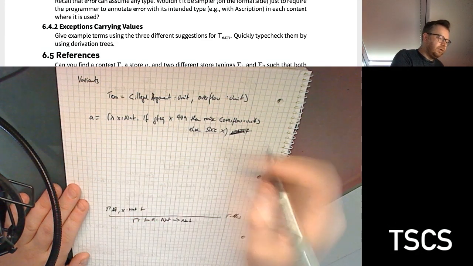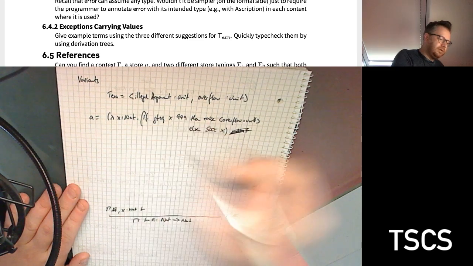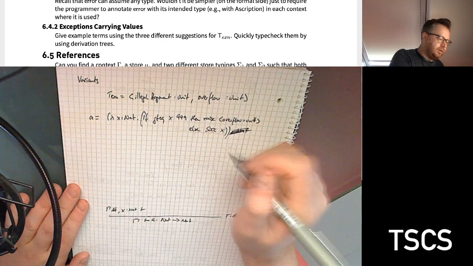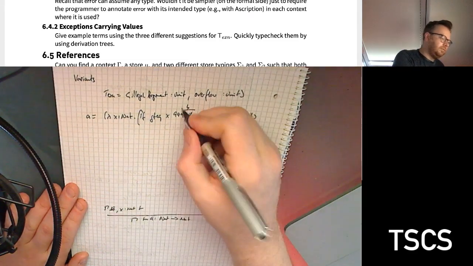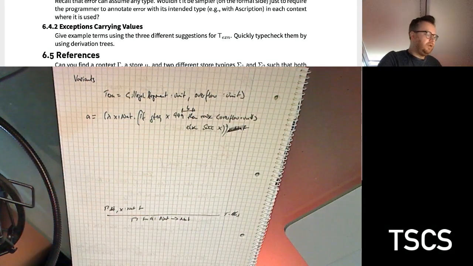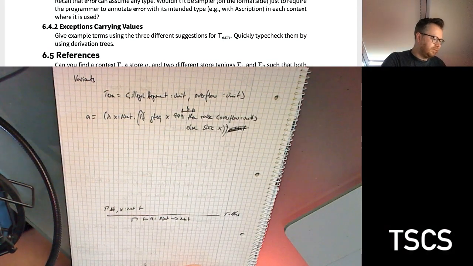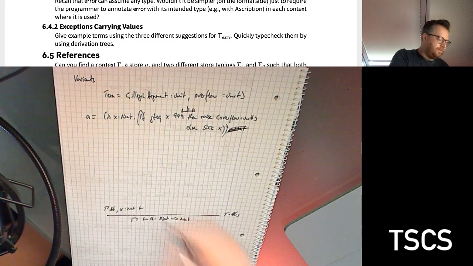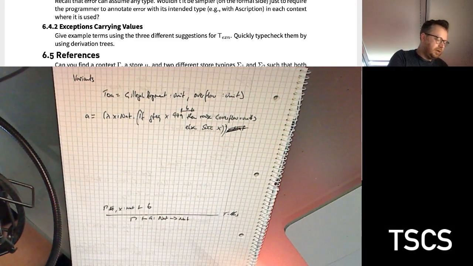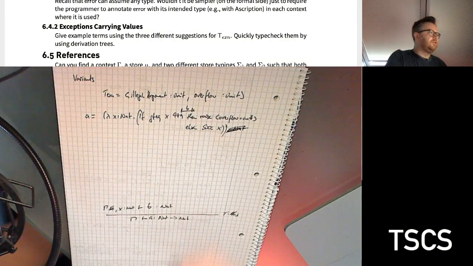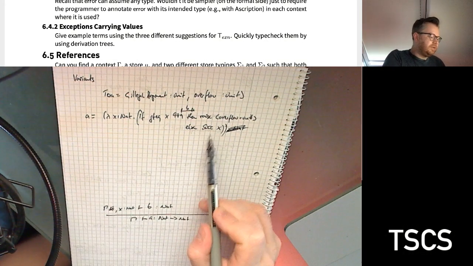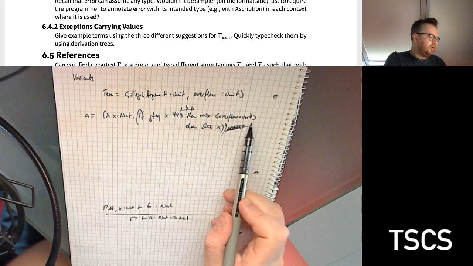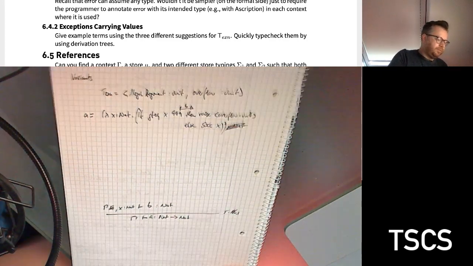Let's call the inner part of that B, just so we don't write ourselves to our death. And this is B, and this should be a natural number, because the successor of x is a natural number, and the error should be typed as that thing.